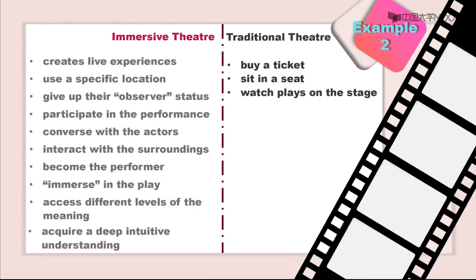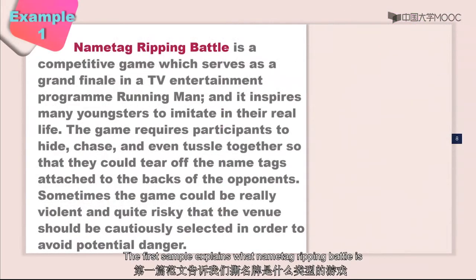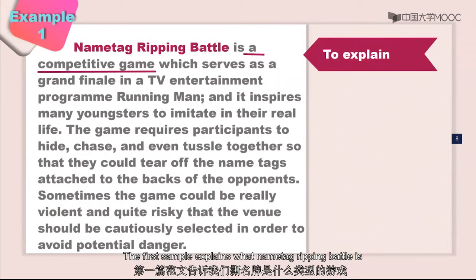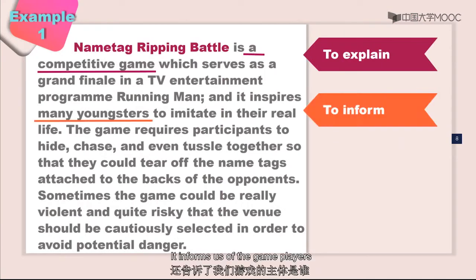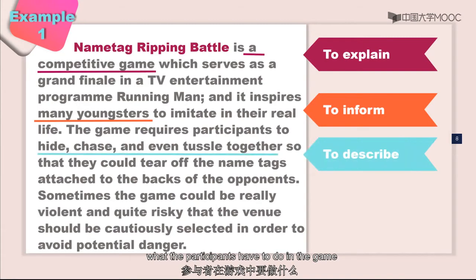the plot. The first sample explains what name tag ripping battle is. It is a competitive game. It informs us of the game players, the youngsters, and uses some verbs to describe what the participants have to do in the game.